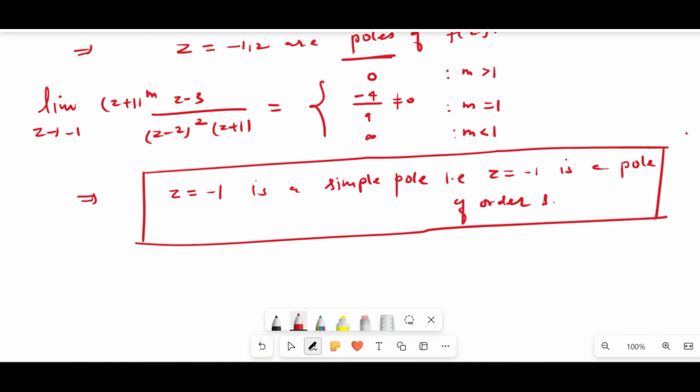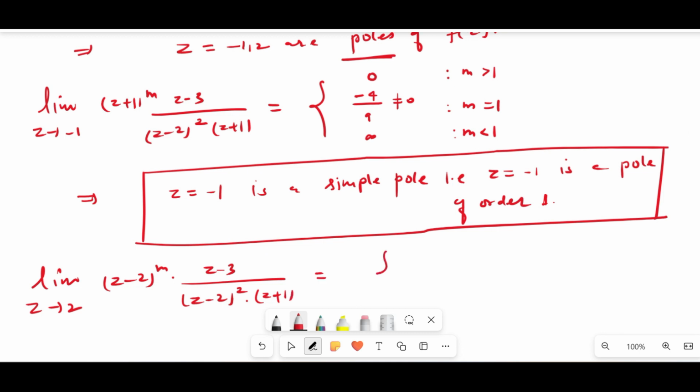Similarly, we can find the order of the pole at 2, that is (z minus 2) to the power m, f of z, (z minus 3) over (z minus 2) whole squared, (z plus 1). This limit will be, if I take z is equal to 2, then the limit will be negative 1 upon 3, which is a non-zero quantity.